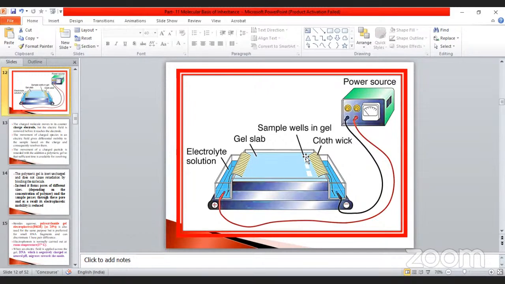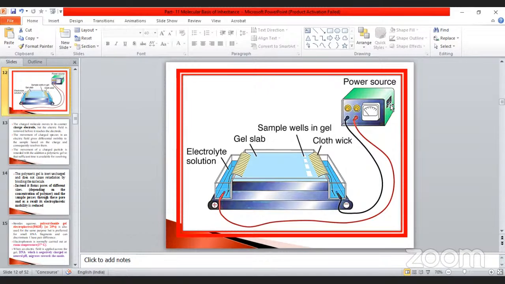We will fill the well with the sample. This side has the electric field, connected with the buffer solution. The buffer solution is connected with the cathode, and this one is connected with the anode. So both are connected with the power source.